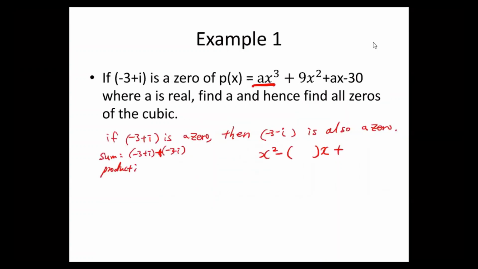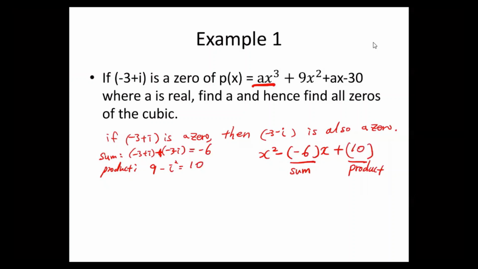In the first parenthesis you have the sum of two roots, in the second parenthesis is the product. So you have to find the sum and product. What is the sum? Negative 3 minus 3 is negative 6. What is the product? Negative 3 squared gives you 9. Minus i squared gives you 1, so the product is 10. So what you have here in the parentheses is negative 6 and 10.